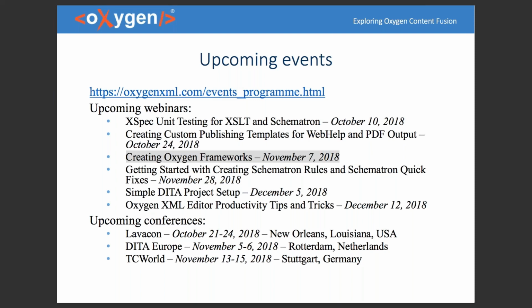The same validation support is available in Web Author and Content Fusion, including Schematron, RelaxNG, XML Schema, DTD, NVDL, so all the schema languages, and including Schematron Quick Fix support. So all the validation functionality that you have in the desktop version is available also as part of Content Fusion.